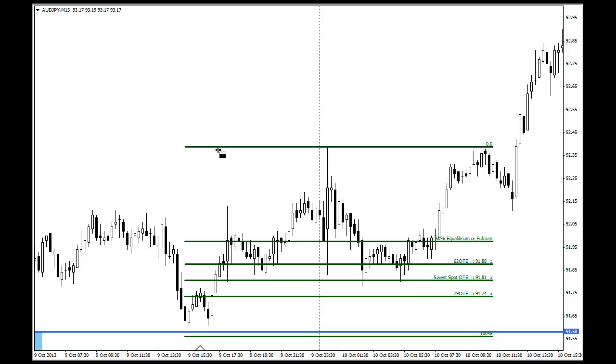So move this over so you can see a little bit clearer. Okay, we have the low here, trading back down. Now as price moved off that larger order block level, price is starting to retrace.